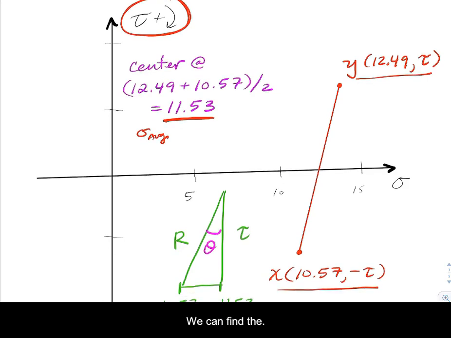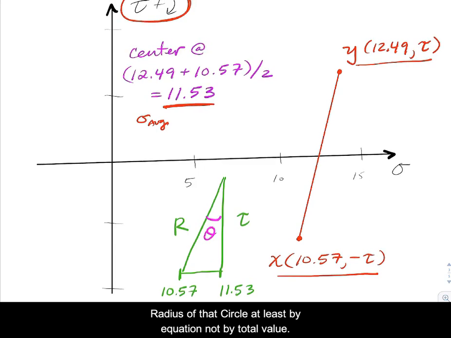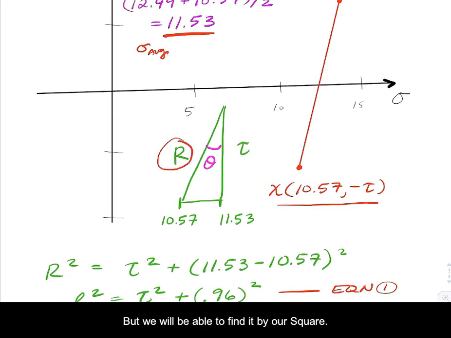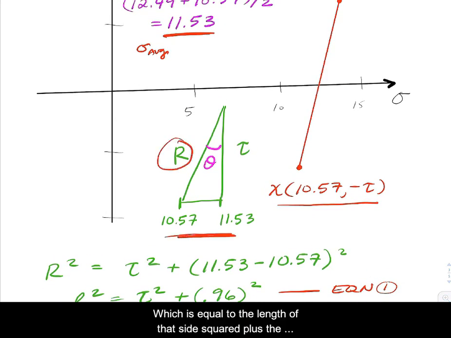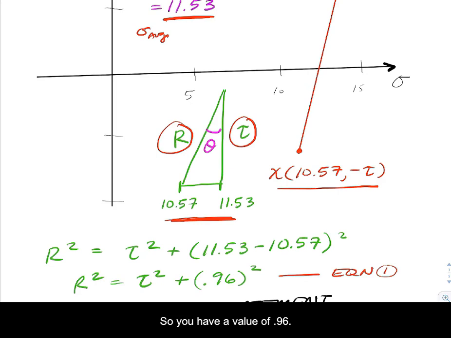We can find the radius of that circle, at least by equation, not by total value, but we'll be able to find it by r squared, which is equal to the length of that side squared plus the length of that side squared. So we do have a value of 0.96, and so r squared is equal to tau squared plus 0.96 squared.